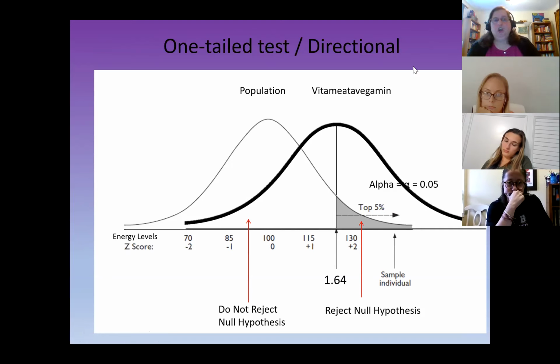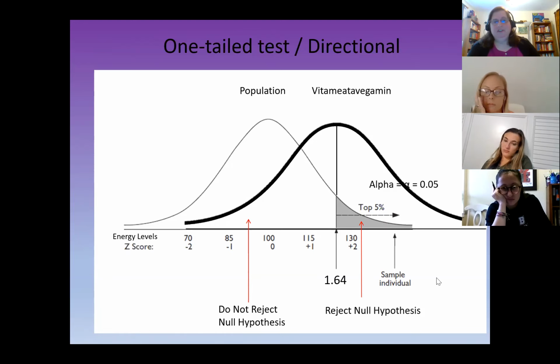If the mean of vitamin Vegemin is just to the right, or as far right as you like, of this line, you want it to be to the right of 1.64, then you'll be able to reject the null that said that you do not get higher results with vitamin Vegemin.